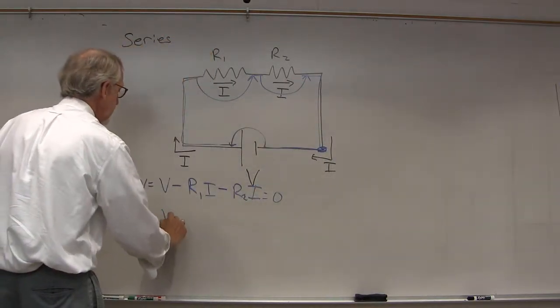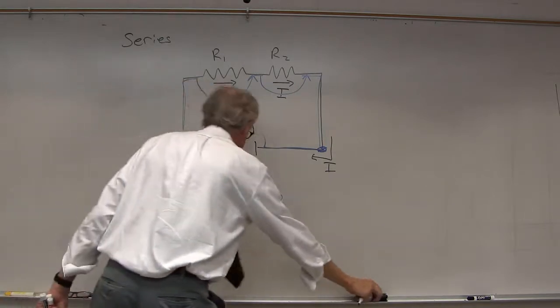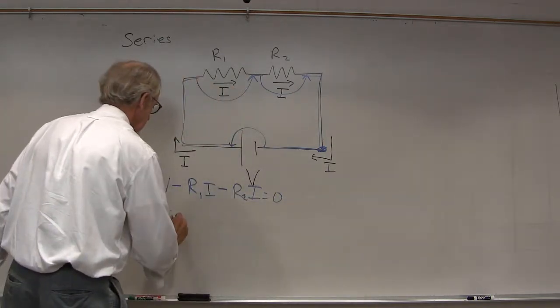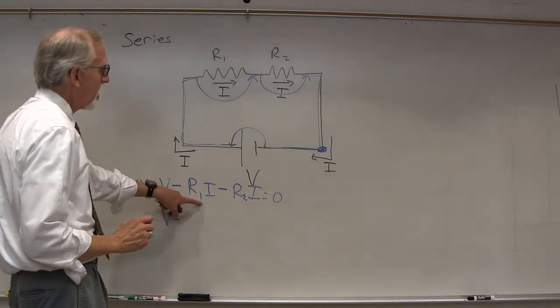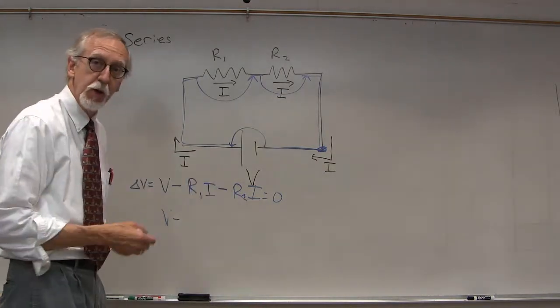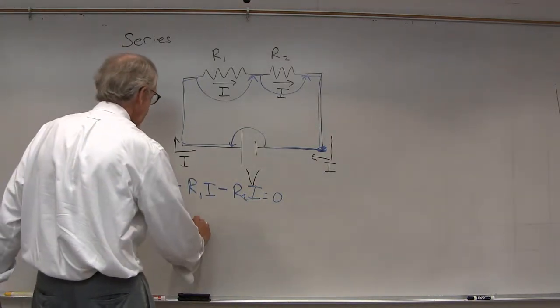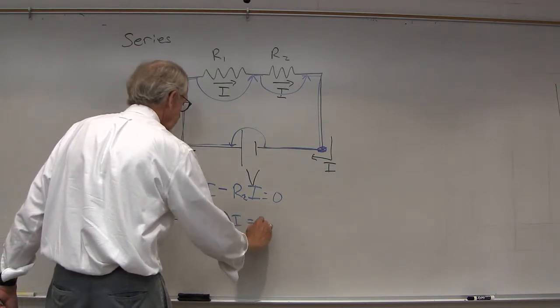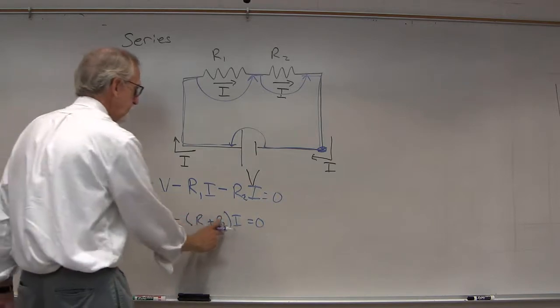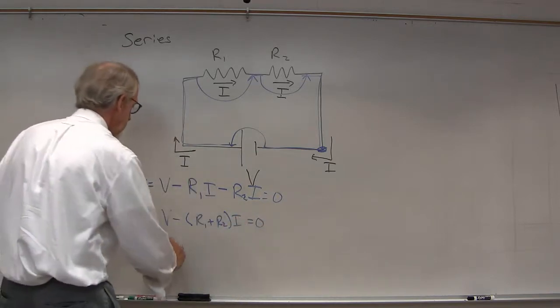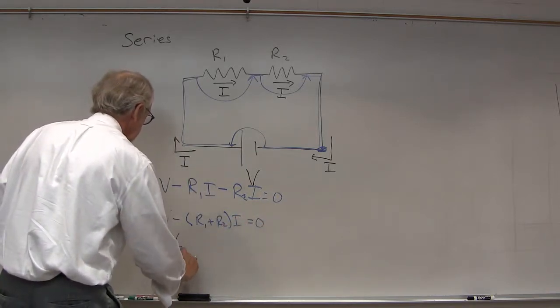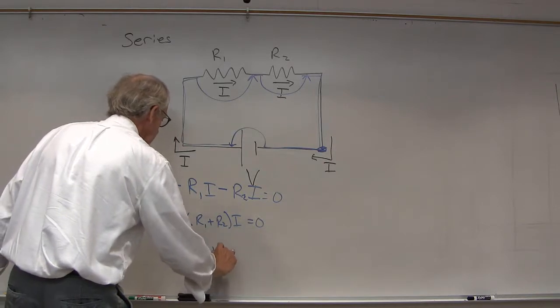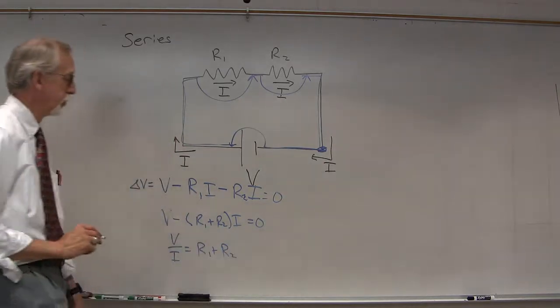So we have V minus R1I minus R2I. We can factor out an I from that and write that as R1 plus R2 times I equals 0. So bring that over there, divide by I, and we have V over I equals R1 plus R2.